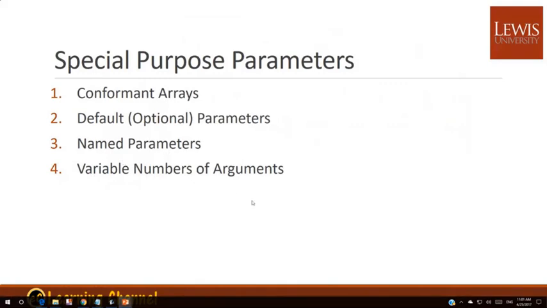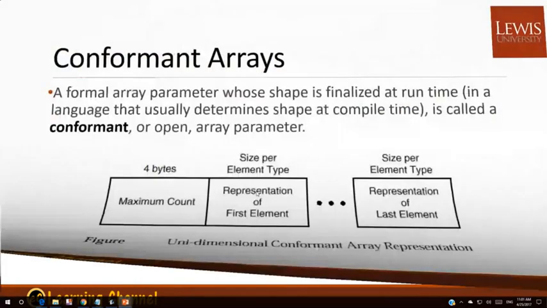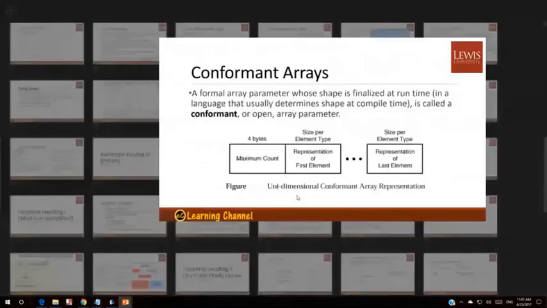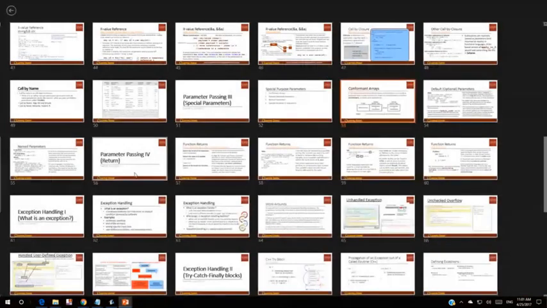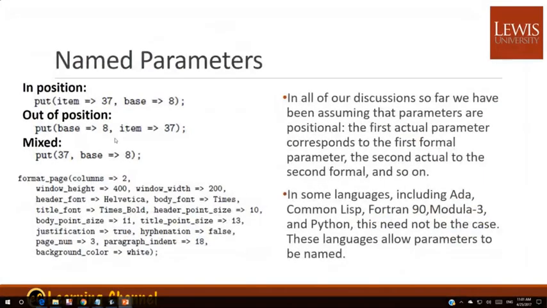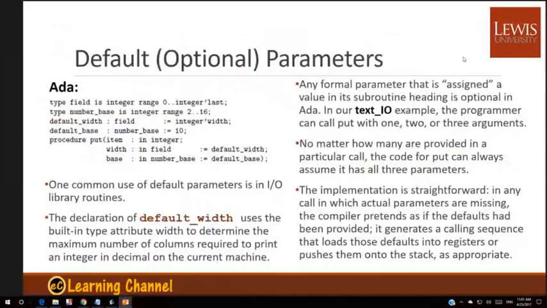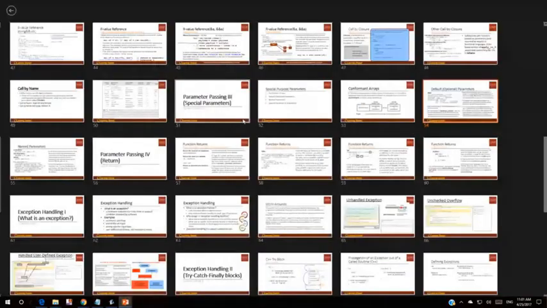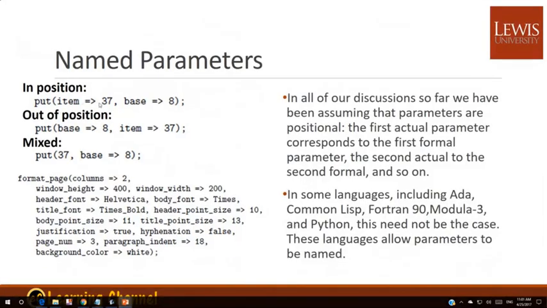These are 2 different techniques that can be used in different ways. In named parameters, basically, you not just put in the parameter there, but you also put a name there, and you can do it by position. So passing 33 to item, passing 8 as a base to the items.